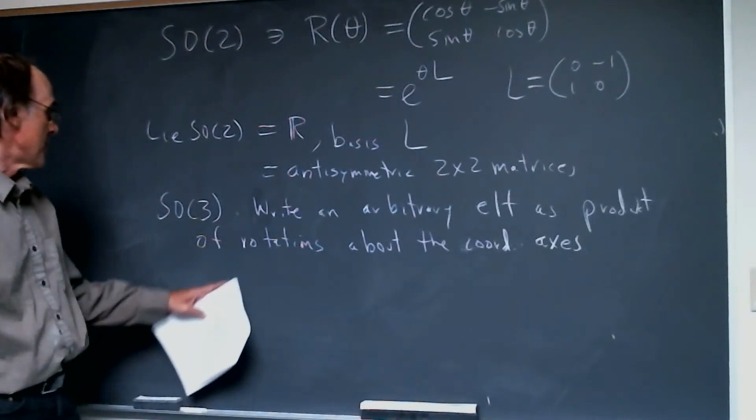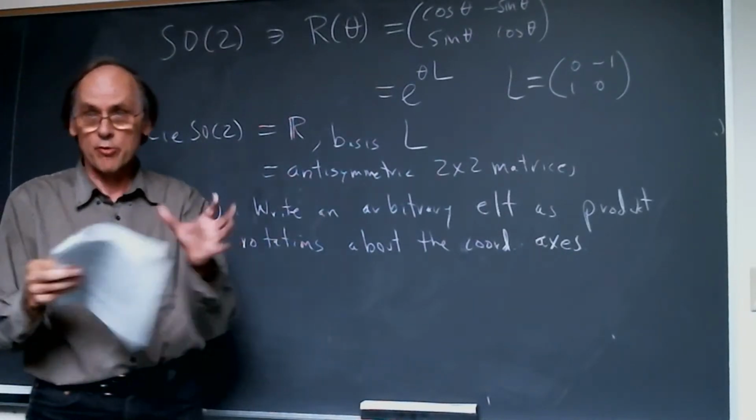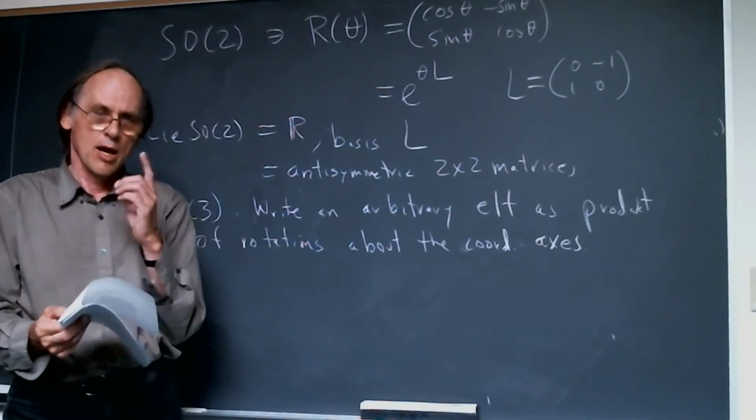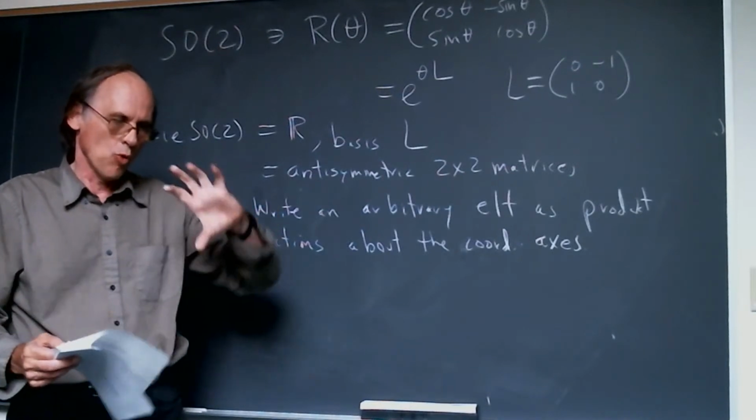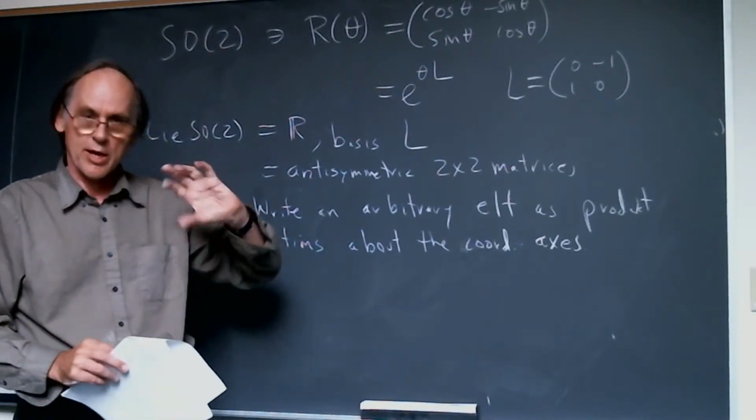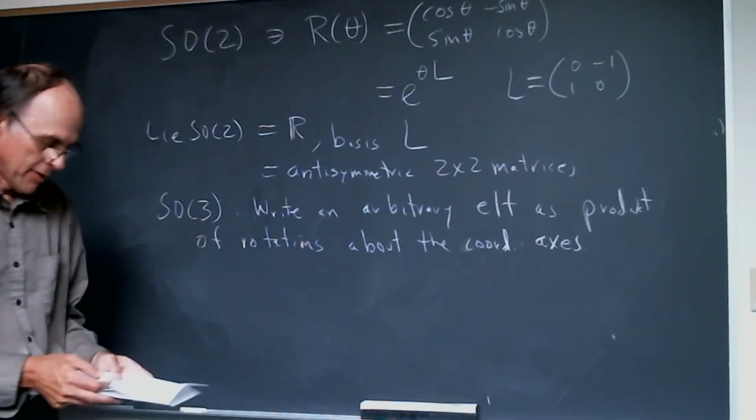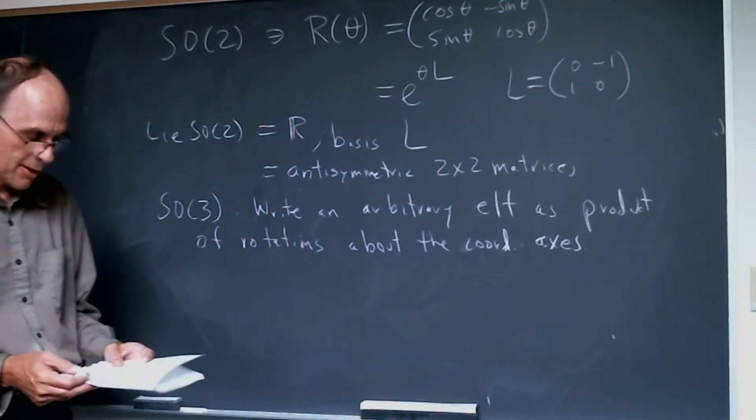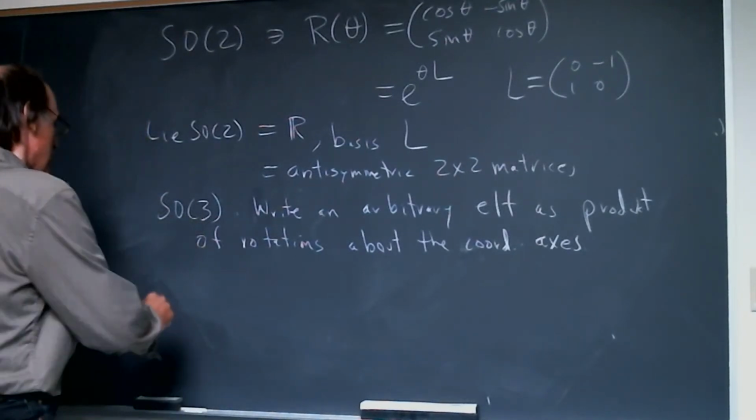So for instance, if you want to do a rotation in 3 dimensions, one kind of rotation is just rotations about the x-axis, and these are going to look just like this.